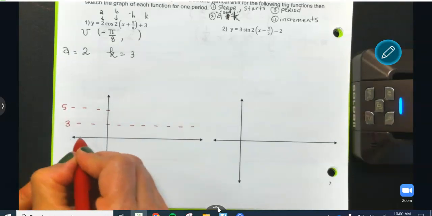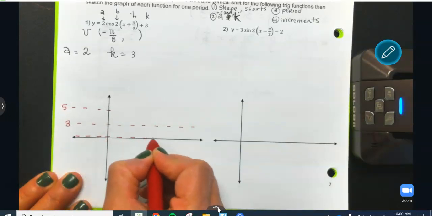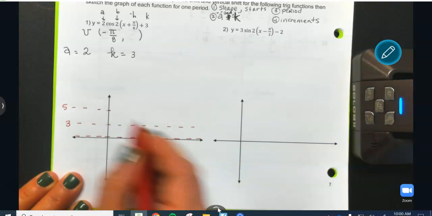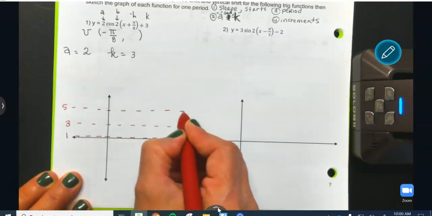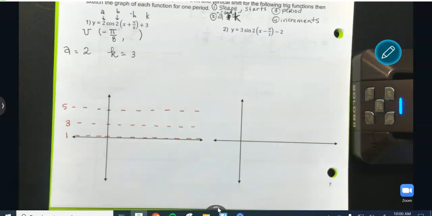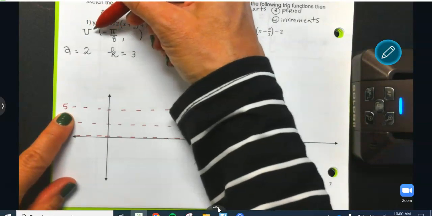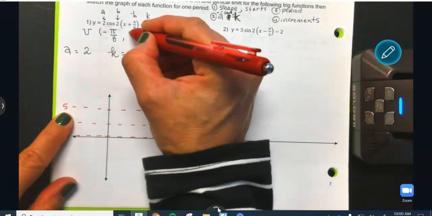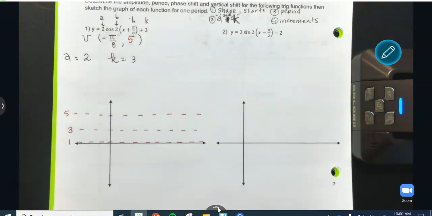The lowest it is ever going to get is a 1. And remember, cosine starts at the top, so this cosine is going to start at negative pi over 8 and at 5. That's where it starts.